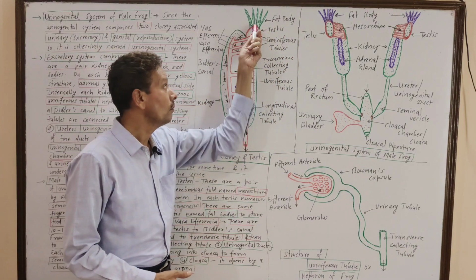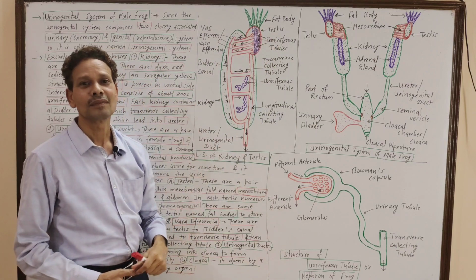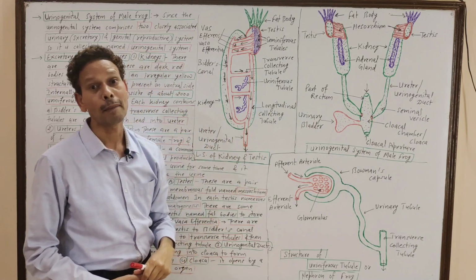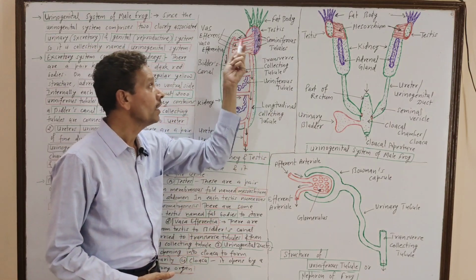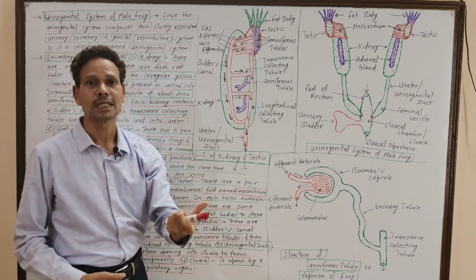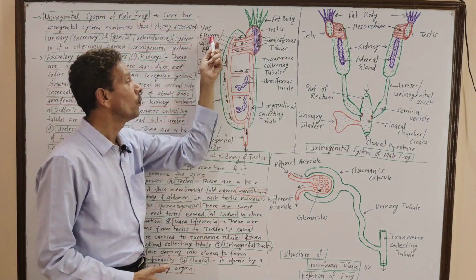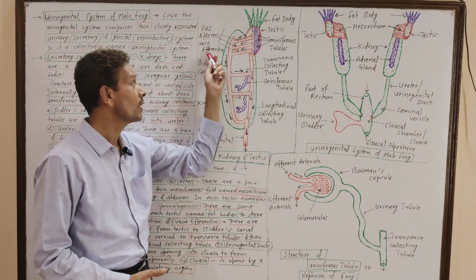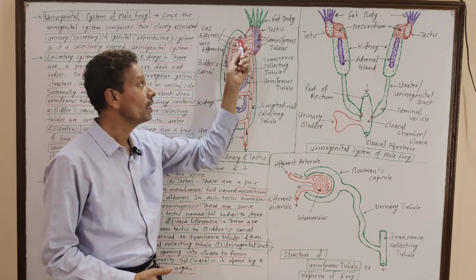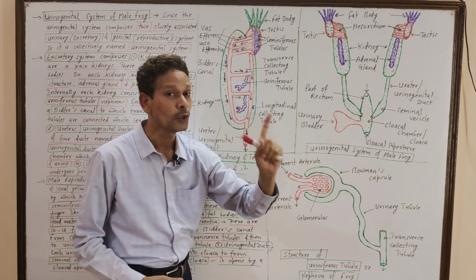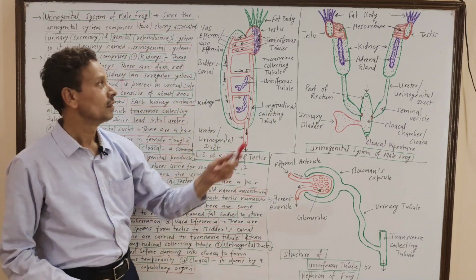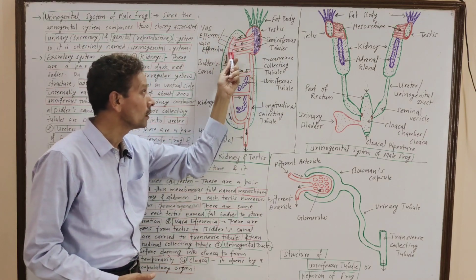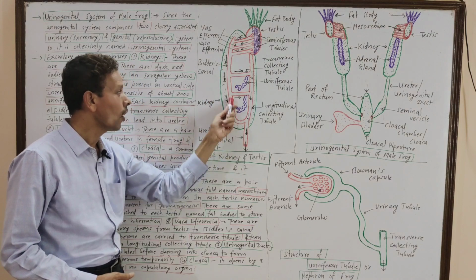Note down, from the testes the male gametes, spermatozoa, are carried via fine tubules, and these ducts are named vasa efferentia. Dear students, these are vasa efferentia. These are fine duct-like structures, about 10 to 12 in each testis, and these vasa efferentia open into this elongated canal.